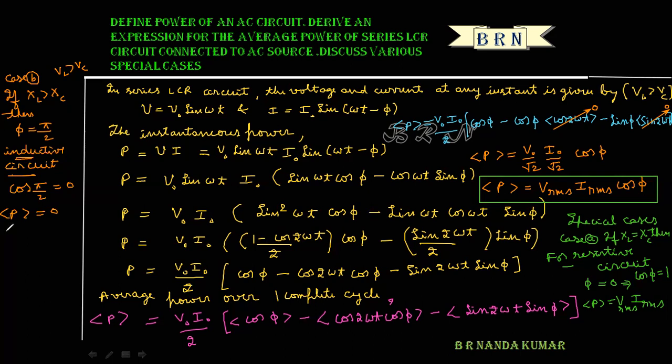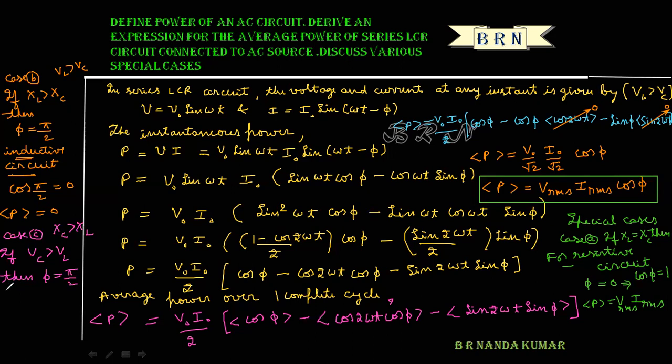And then the next case, if VC is more than VL, or XC is more than XL, then the phase difference between current and voltage is pi by 2 radian.